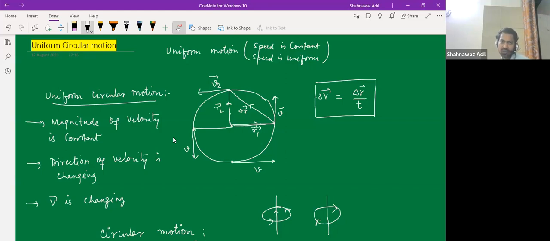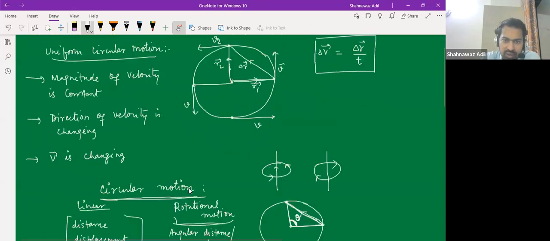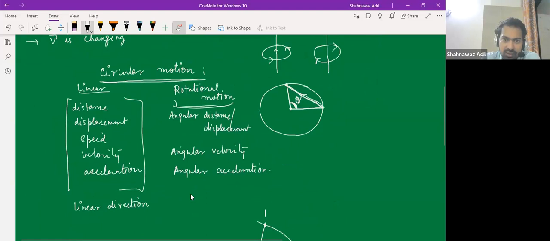You guys quickly note it down. Then note down this part.